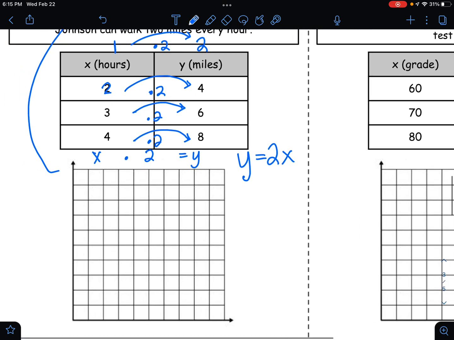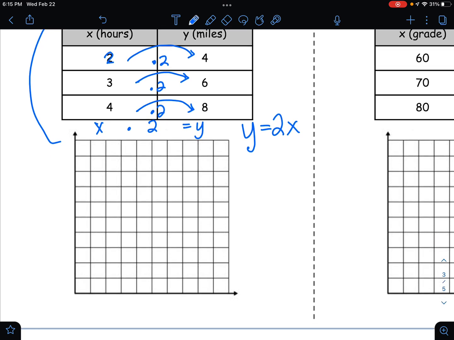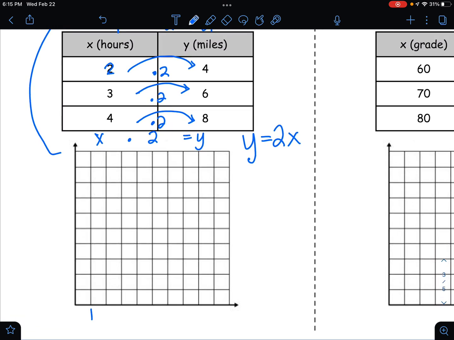Now, I've been telling you that tables and graphs kind of work together. So we're also going to graph these. Okay, so 1, 2, 3, 4, 5, 6, 7, 8, 9, 10. That's my x-axis, remember. 1, 2, 3, 4, 5, 6, 7, 8, 9, 10.